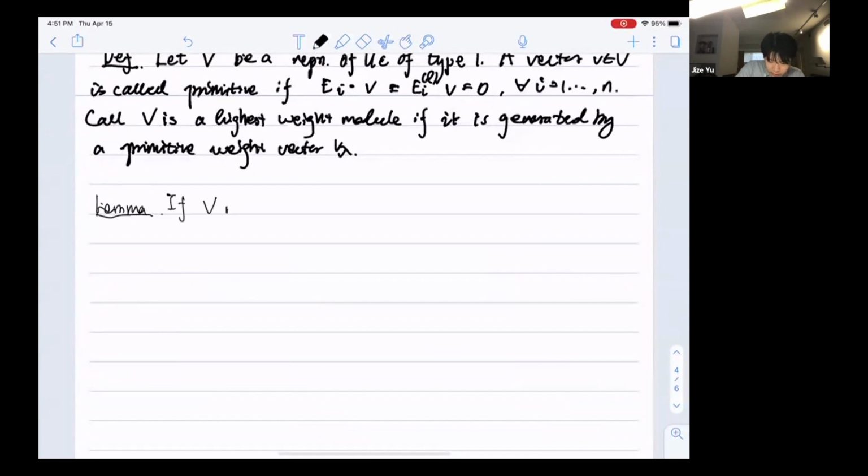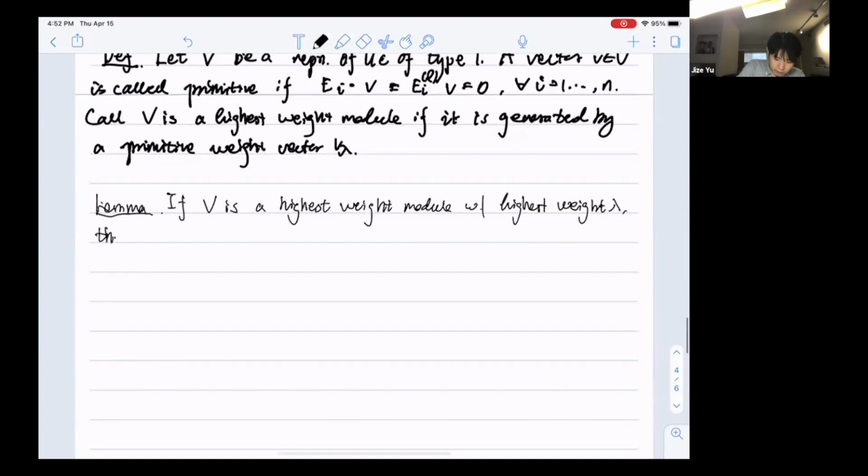If V is a highest weight module with highest weight λ, then we decompose it into a direct sum of weight spaces V_μ, where μ is less than or equal to λ.